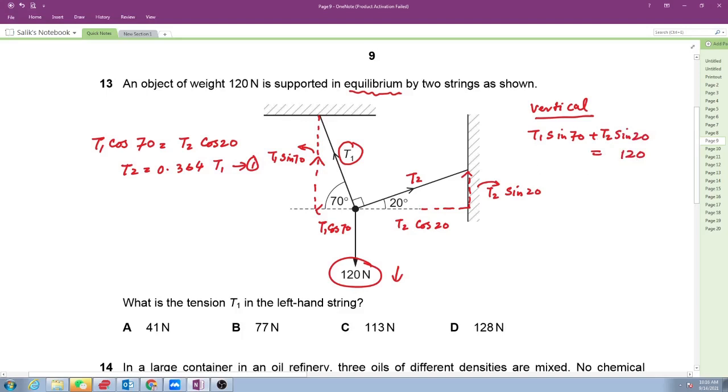Now we plug in the value of T2 from equation 1: T1 sine 70 plus 0.364 T1 sine 20 is equal to 120. Simplifying, we get T1 equal to 113 Newton. So C is the correct answer.